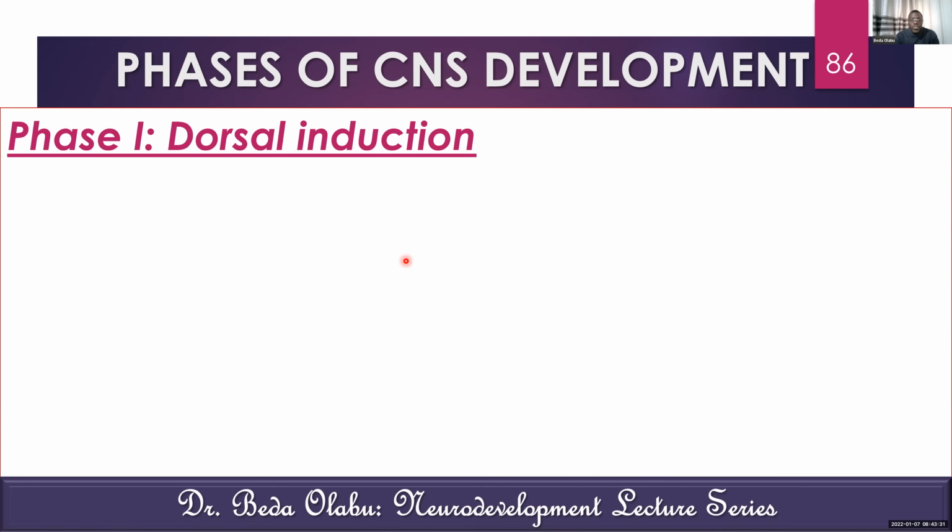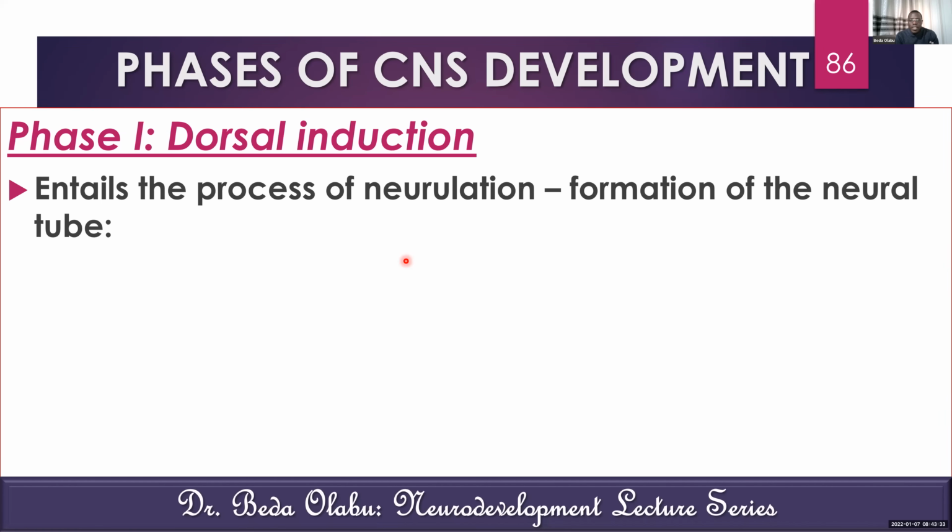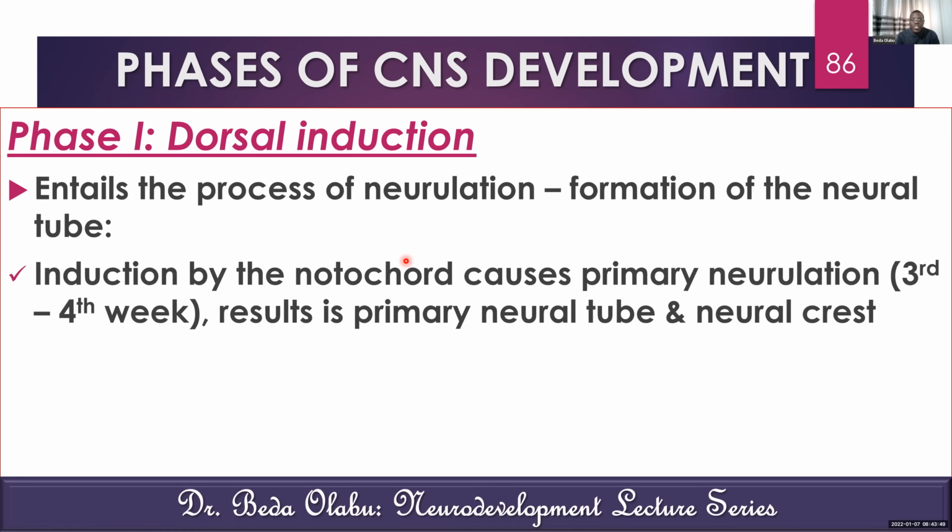The phase of dorsal induction is the phase where neurulation occurs. So this is the process of neurulation. We've already mentioned something about neurulation in the first lecture, and so you're familiar with it, but just a few things that I want you to carry forward in this particular lecture. There's something called the notochord. We saw it in the first lecture.